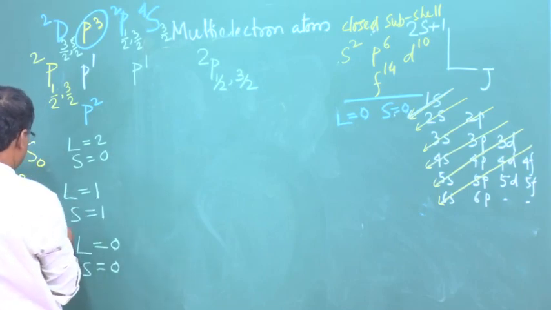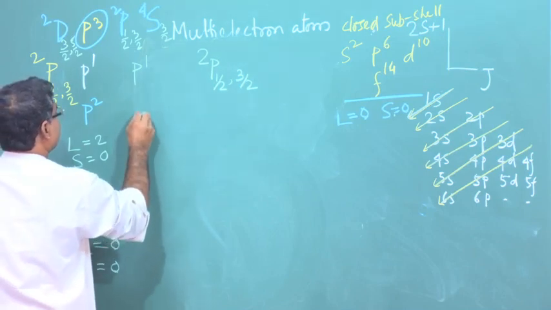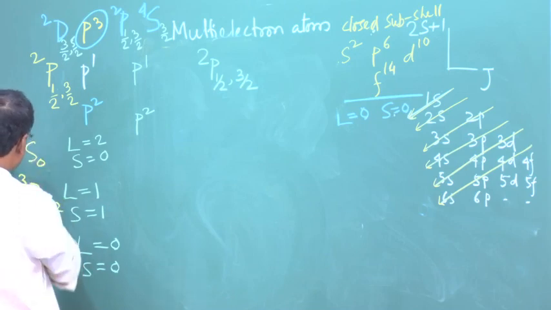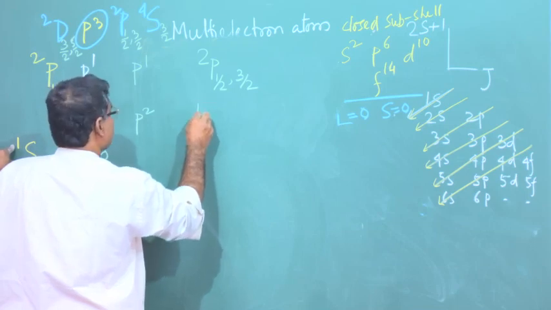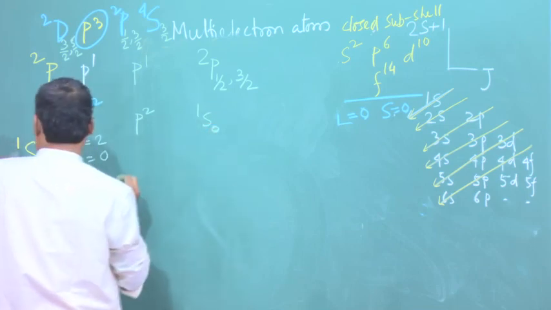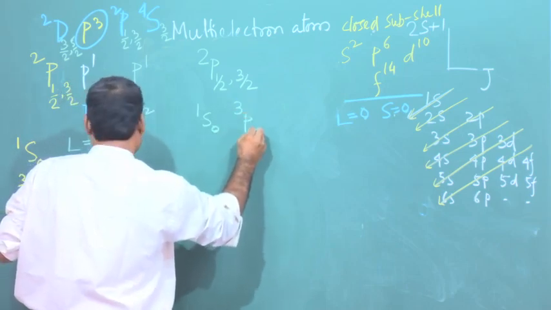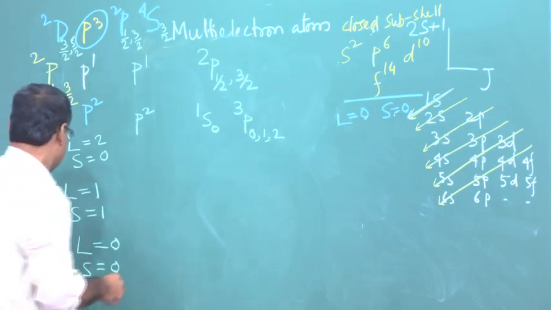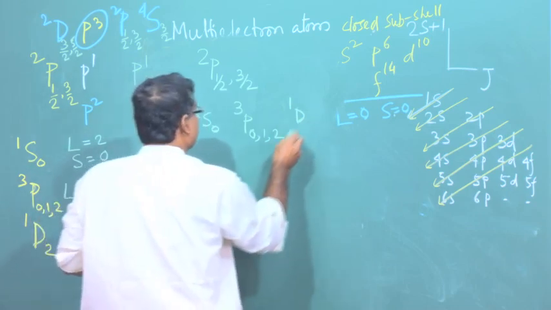And then for P2, for equivalent electrons, these are the states: 1S0, then 3P 0, 1, 2, and then 1D2.